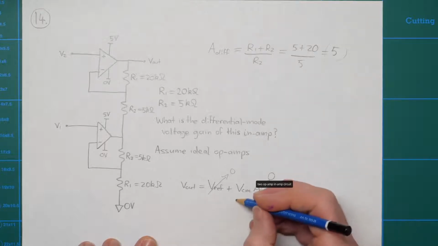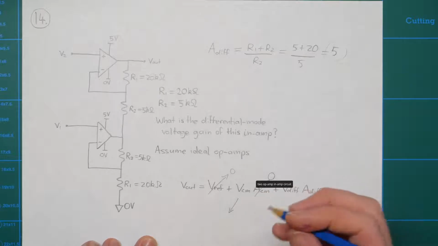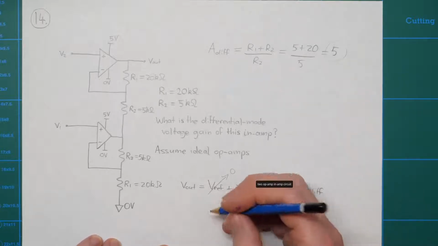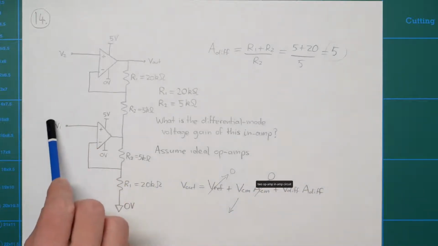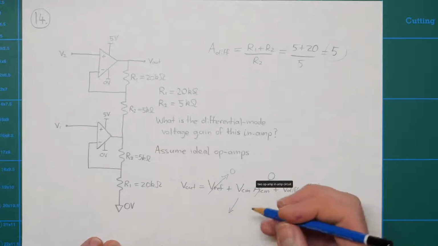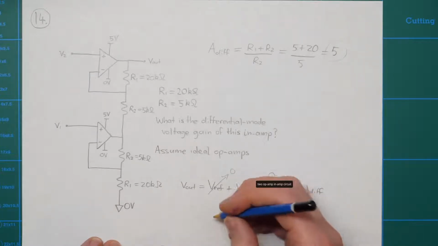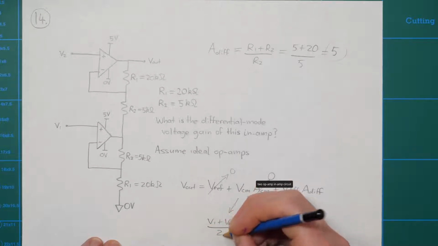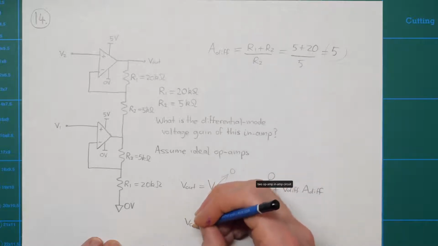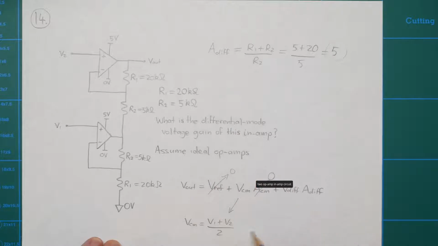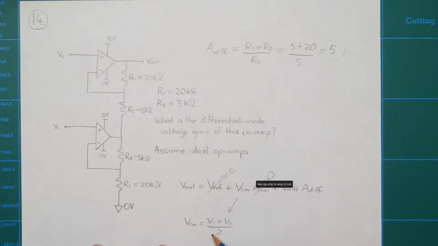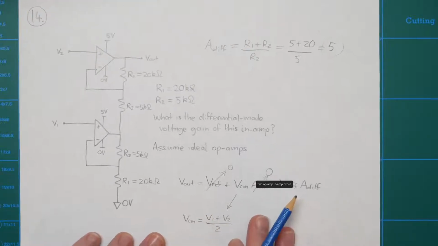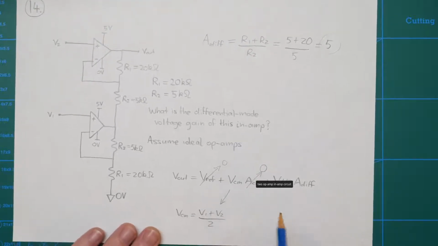Just to remind you what VCM and VDiff are. VCM would be the average of V2 and V1, which is what we call the common mode input: V1 plus V2 over 2. Now in biopotential measurement this is generally a voltage that you don't want and are trying to get rid of, because it consists of a lot of 50 hertz interference and so on.